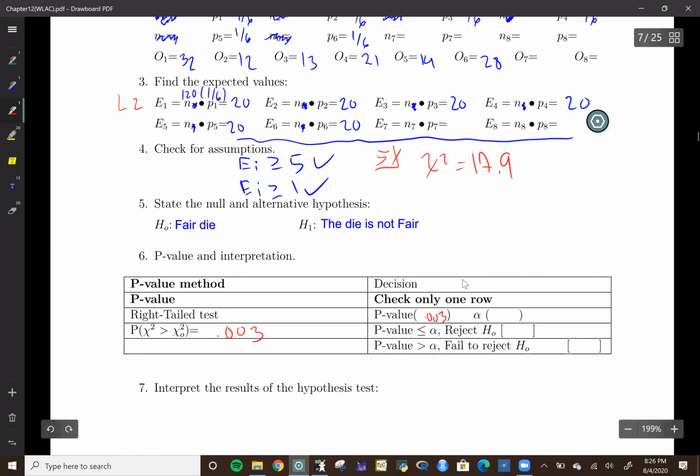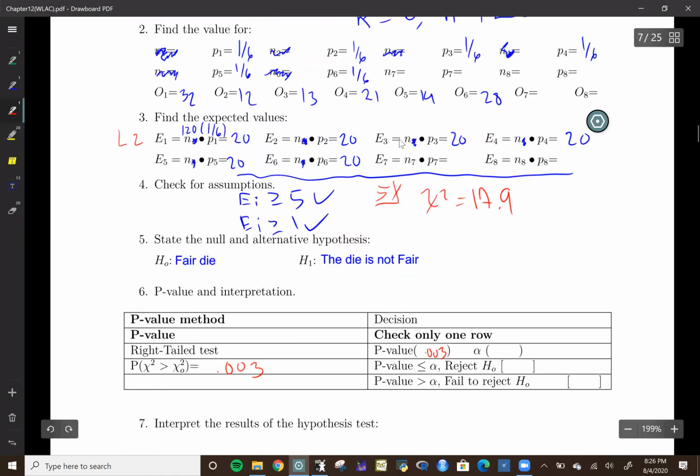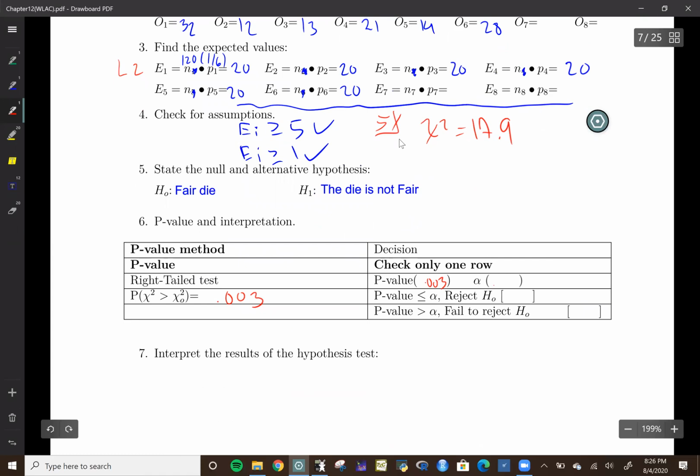All right, sweet. If you look, the significance level is 5%, so right here we have to put 0.05. My p-value is 0.003, and alpha is 0.05. So which of the two is bigger, p-value or alpha? Alpha. So since alpha is bigger, that means we reject the null hypothesis. We're going to reject the fact that this is a fair die, so we conclude the die is not fair.